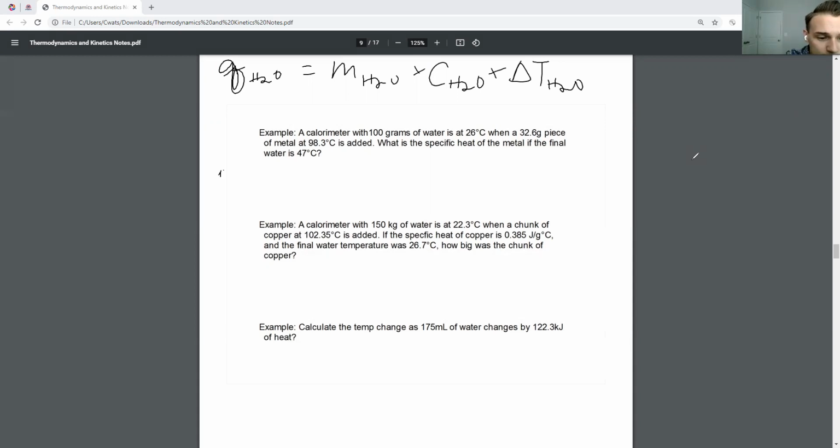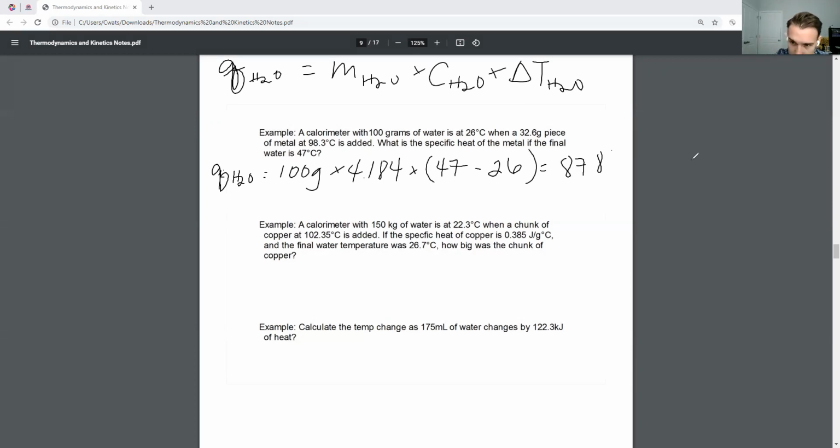So doing that for this first problem, I have 100 grams. The specific heat's 4.184. And the temperature change: the final temperature it reaches is 47. It initially was at 26. So remember, change in temperature is always final minus initial. When I solve this, it gives me 86.4 joules.